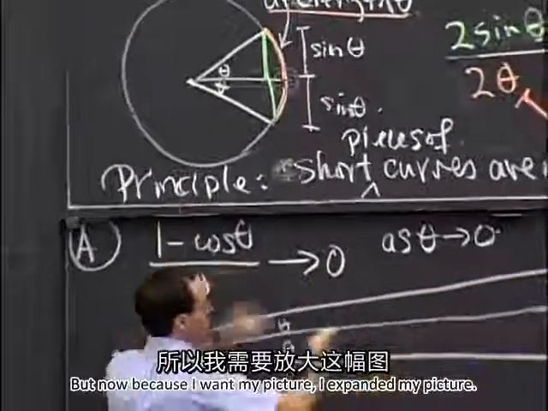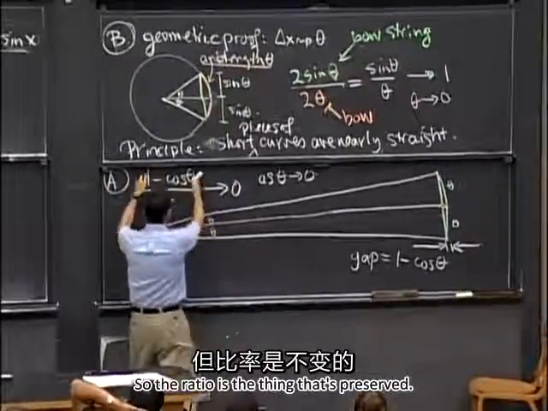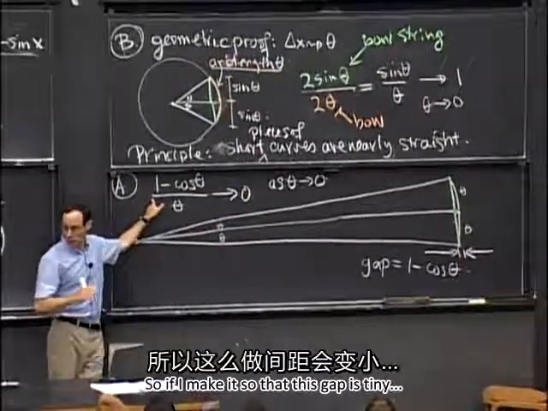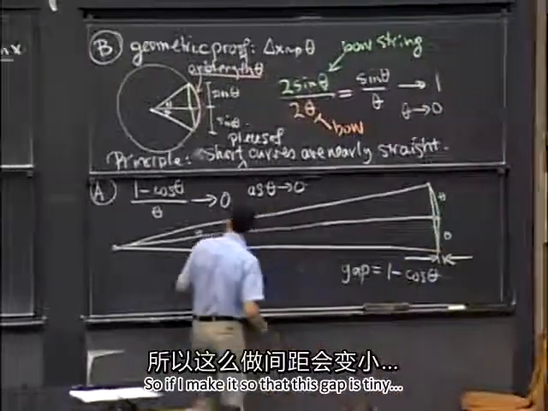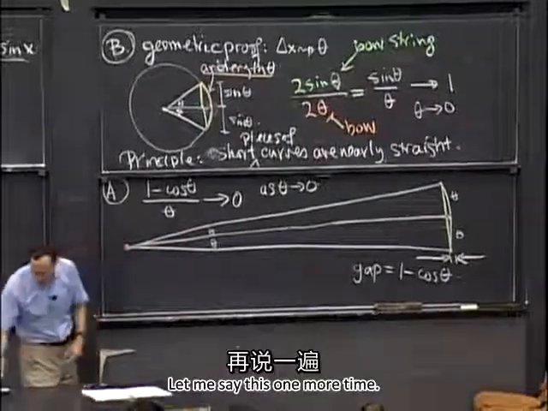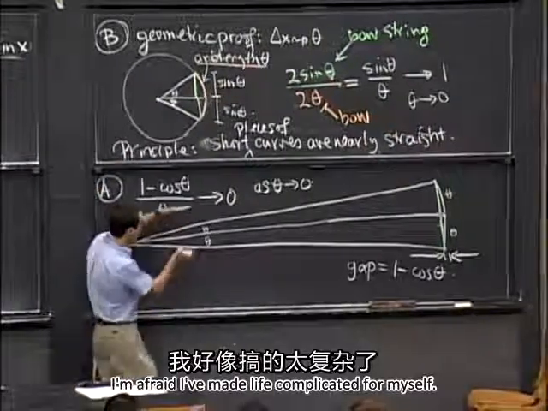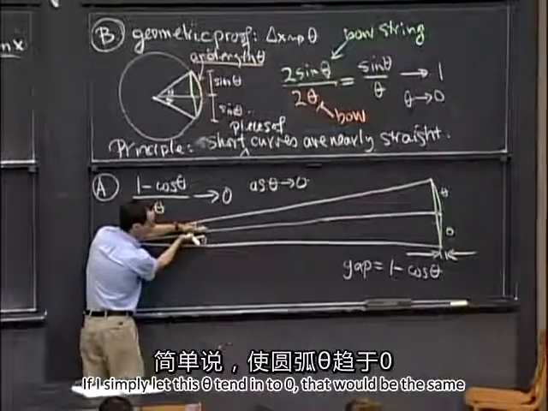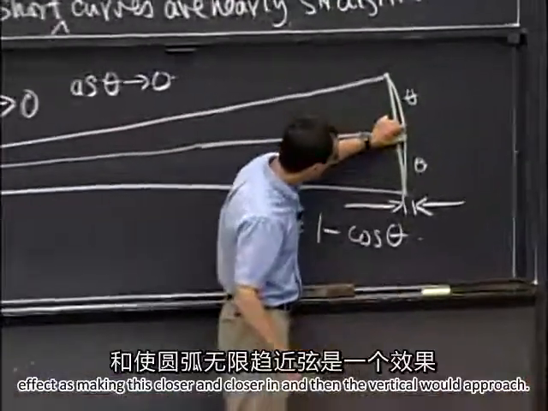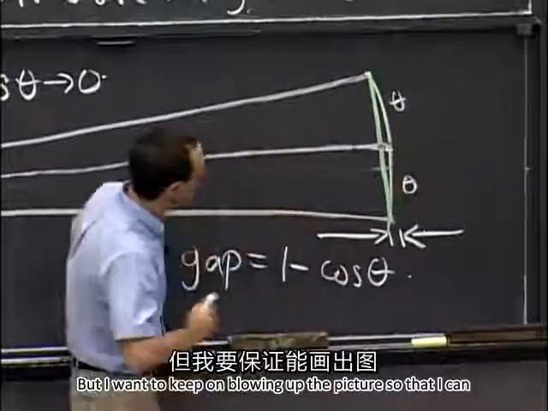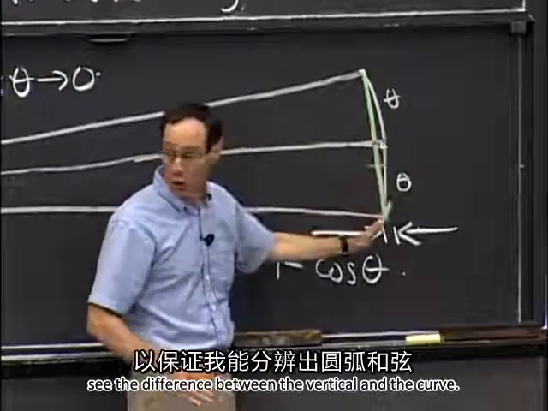But now, because I want my picture, I expanded my picture. So the ratio is the thing that's preserved. So if I make it so that this gap is tiny, yeah, let me say this one more time. I'm afraid I've made life complicated for myself. If I simply let this theta tend to 0, that would be the same effect as making this closer and closer in, and then the vertical would approach. But I want to keep on blowing up the picture so that I can see the difference between the vertical and the curve.